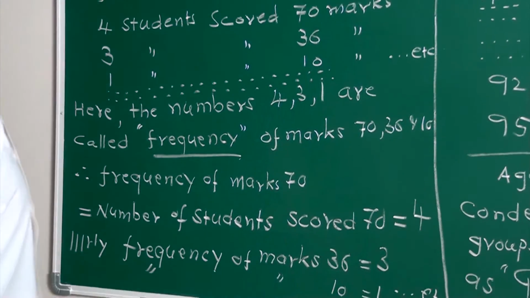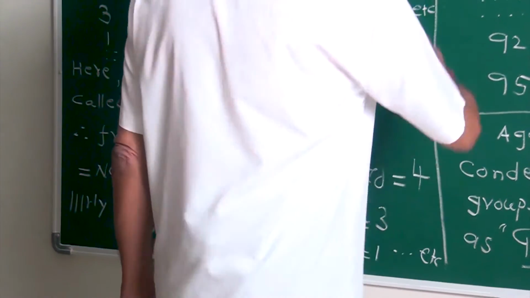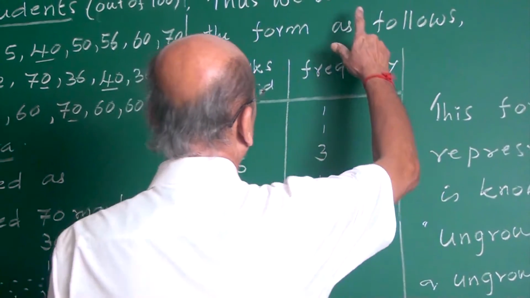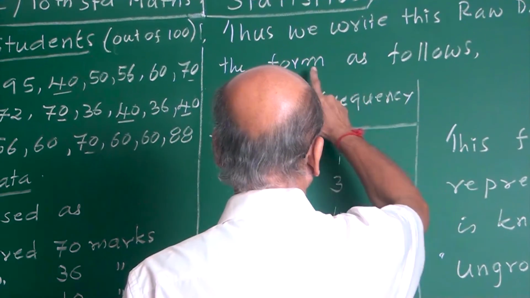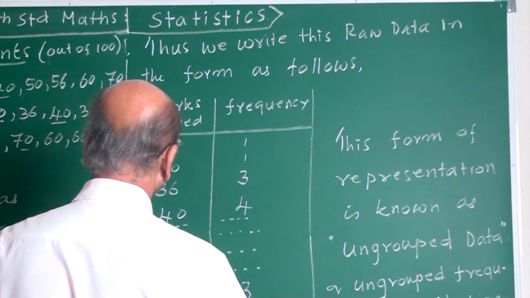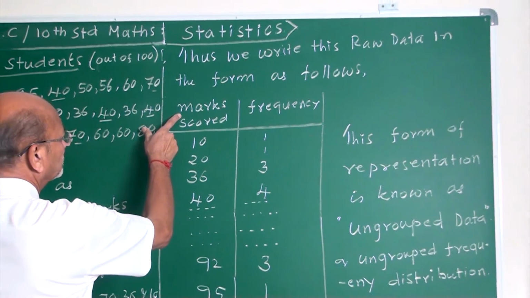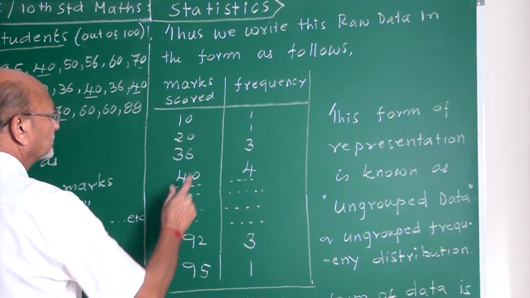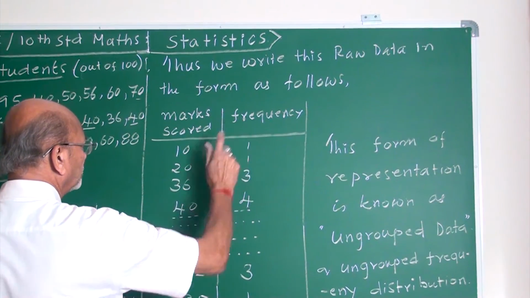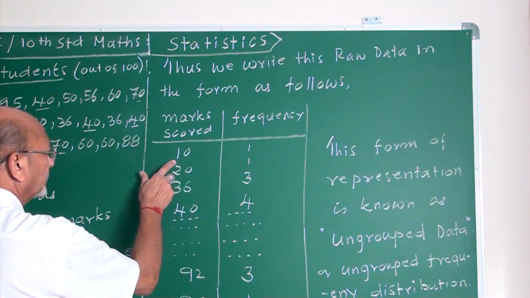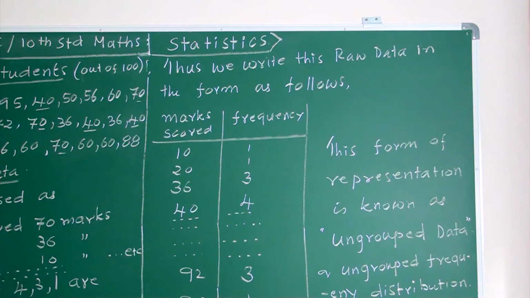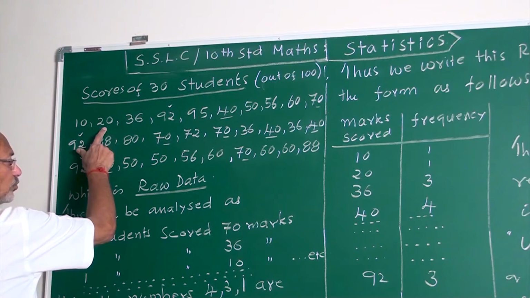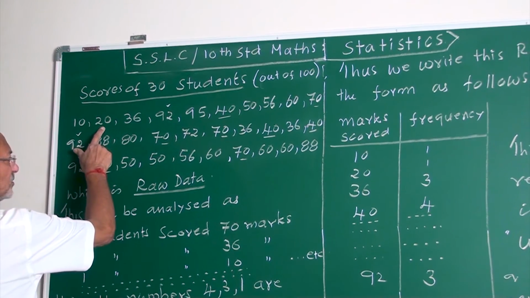Therefore, this raw data we write in the form as follows. This is the marks scored: 10, 20, 36, 40, like this. This is frequency. Frequency means the number of students who scored that mark. What is the number of students who scored 10? It is 1. Number of students who scored 20 is 1.